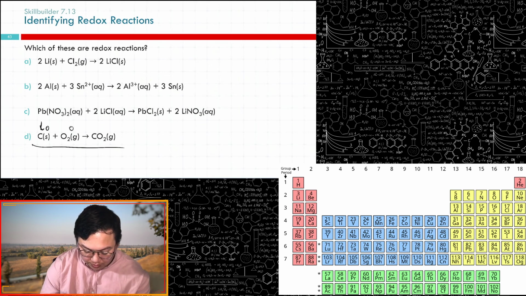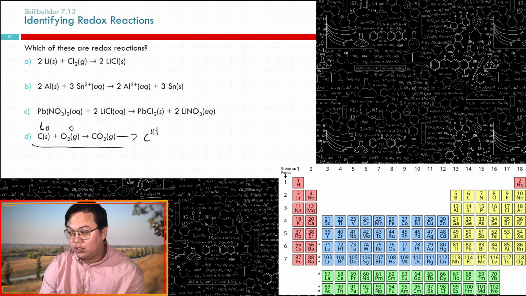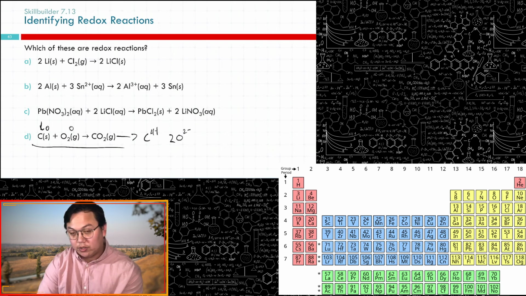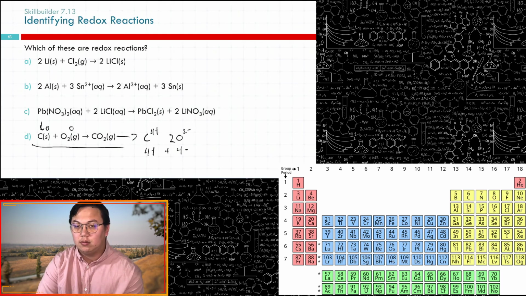So CO2 here is going to be C4+, and then oxygen only forms a 2- charge. So we have 2 oxygen atoms, each with a 2- charge. So we have this 4+ and 4-, and those charges balance.